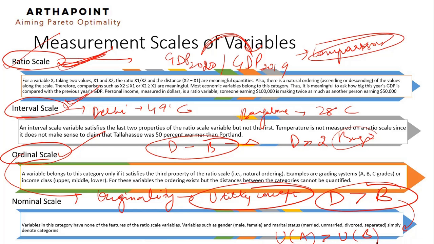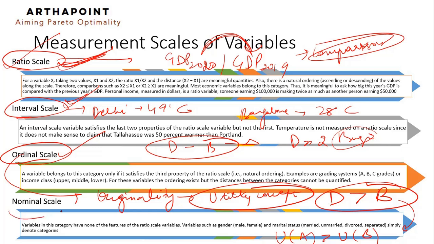So ordinal scale is where you want to talk about the ordering, the ranking, that bundle A is better than bundle B, but you don't want to talk about the difference. You don't want to give a mathematical form to it.